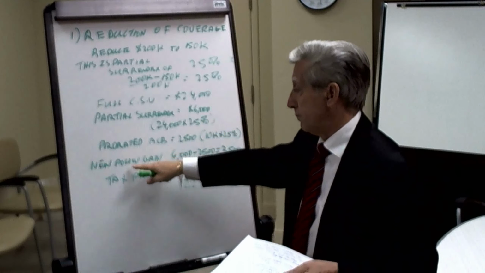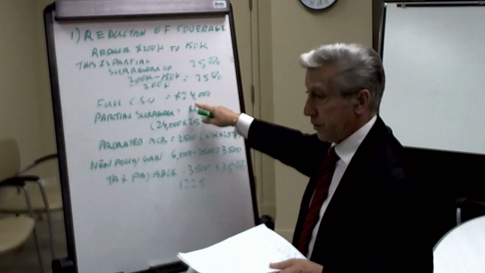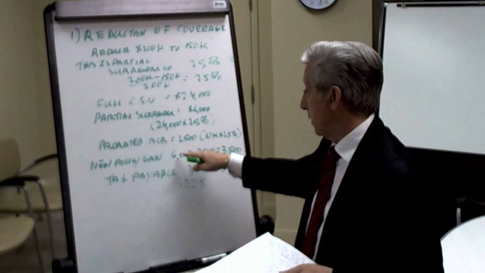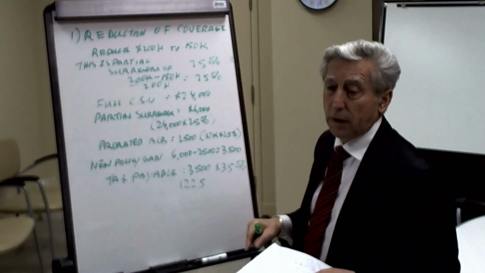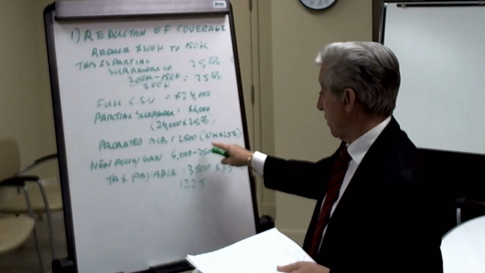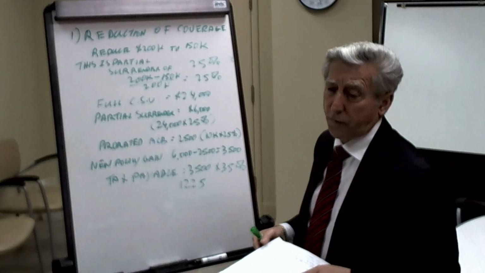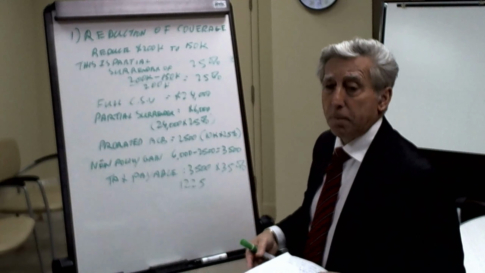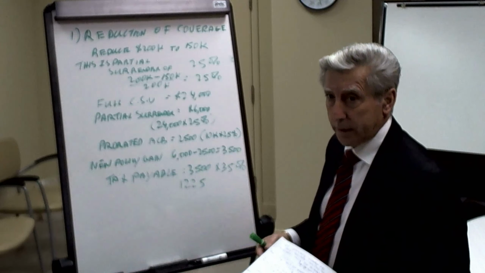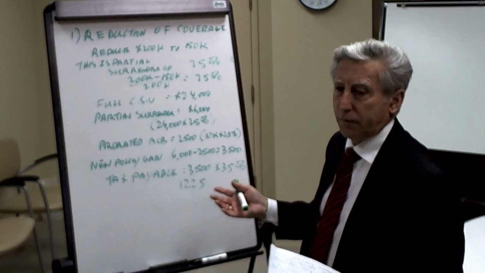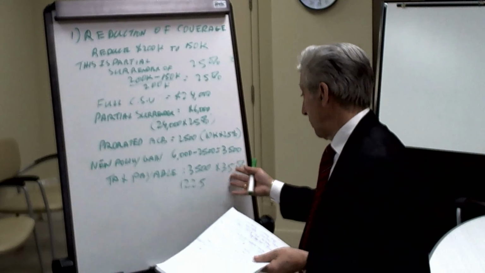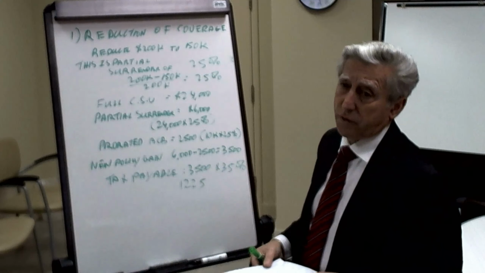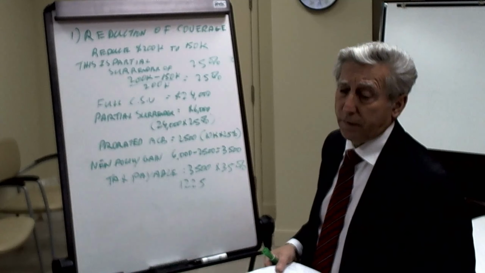So just like we did before, policy gain is proceeds, which is $6,000 in this case, minus the prorated ACB, which is $2,500. That throws out $3,500, which is the actual gain itself. She's in a 35% marginal tax rate, so 35% of $3,500 means she has to send out a check for $1,225.